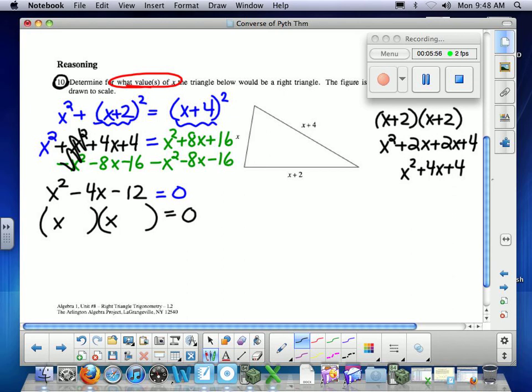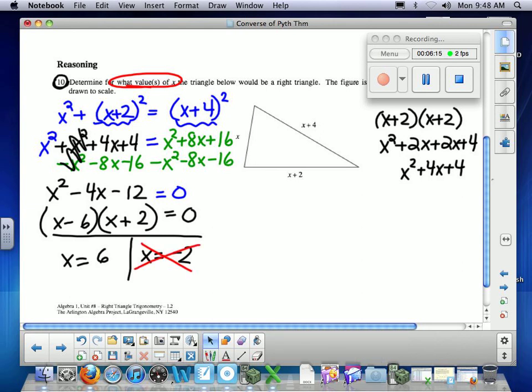We need multiples of 6 that will add or subtract to make a 4. 6 and 2 are good. We need our signs to be different to get the negative 12, and we need more negatives. Well said. But when you get x equals -2, that converts, right? Correct. Yep. The -2 is gone because we can't have the side of a triangle be a negative measure. Nice work.